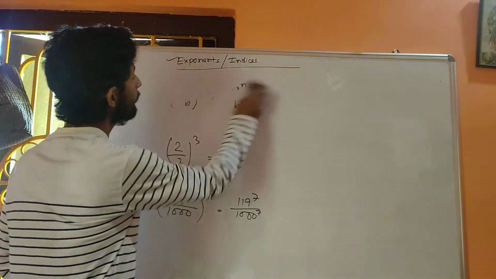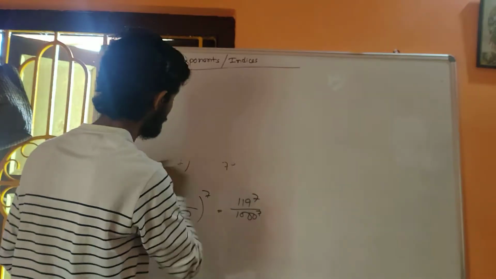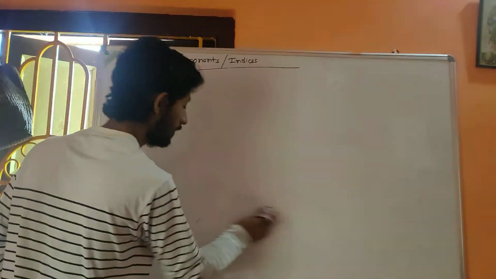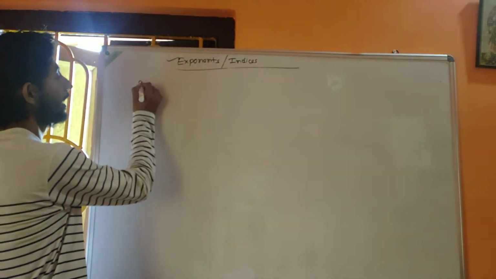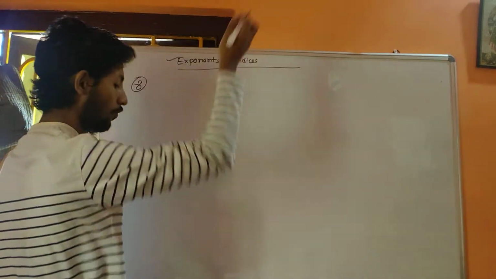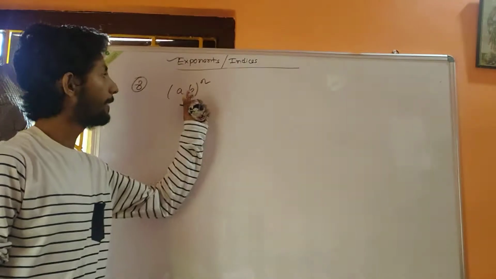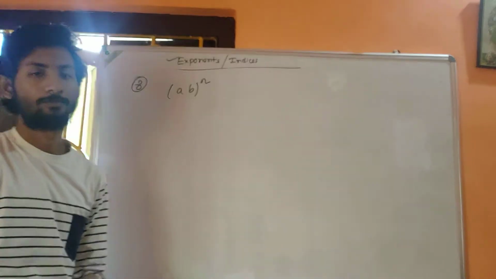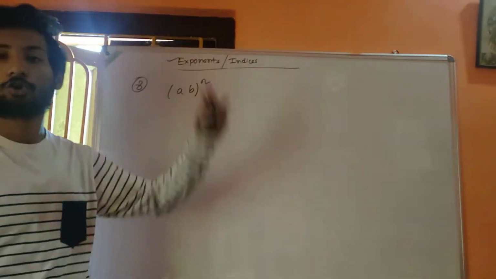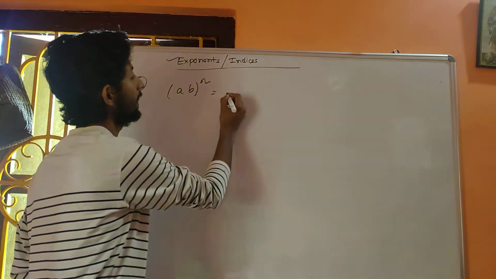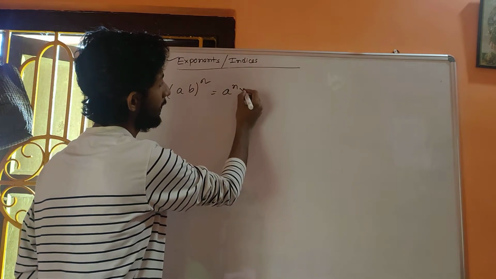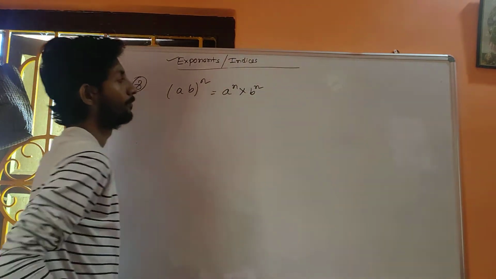So there is another formula. Formula number 8, which is saying that a into b to the power n, we can write as a to the power n into b to the power n.